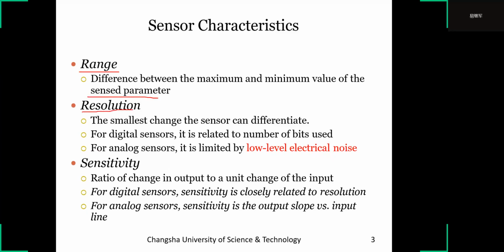Resolution: the smallest change the sensor can differentiate. For digital sensors, it is related to the number of bits. For analog sensors, it is limited by low level electrical noise.